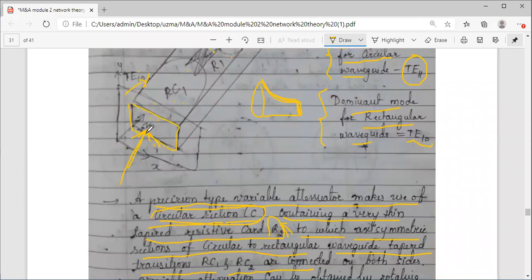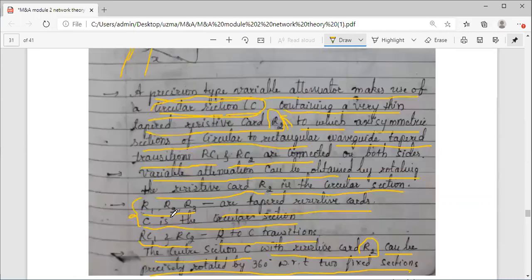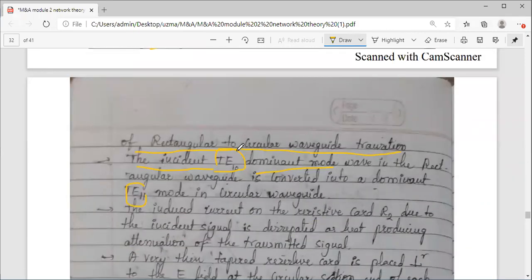Mouth opening is rectangular, but when the wave goes inside, there is a transition. That wave will encounter a circular section at the center. But initially, when it comes, the mouth is rectangular, so it is entering into the rectangular waveguide. So for a rectangular waveguide, TE10 is the dominant mode.